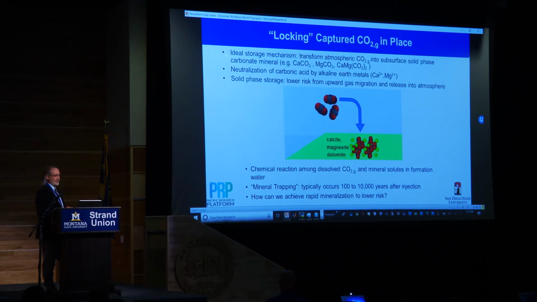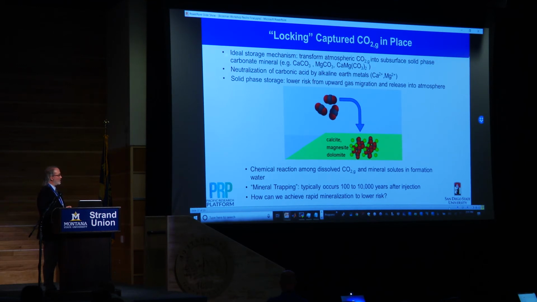And the best way to reduce that risk is to take the carbon that's in CO2 and transform it into a solid phase mineral. So the carbon in CO2 gets moved into the carbon in, say, calcite or magnesite or dolomite. We want to neutralize the carbonic acid that gets generated when you inject CO2 into water, and we want to precipitate one of these carbonate minerals as quickly as possible.